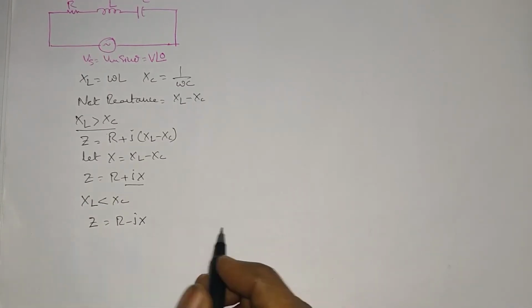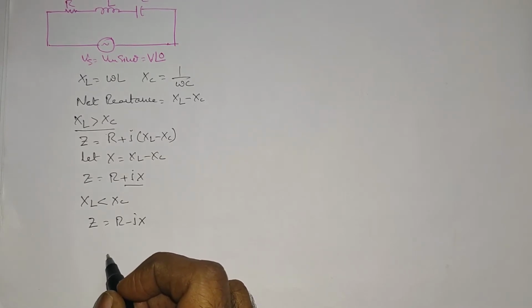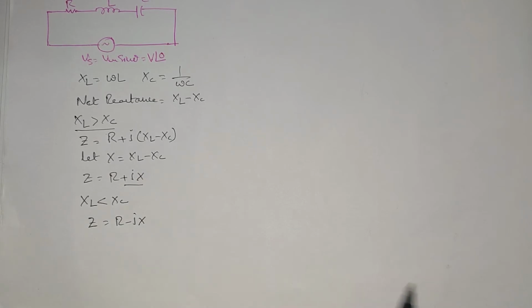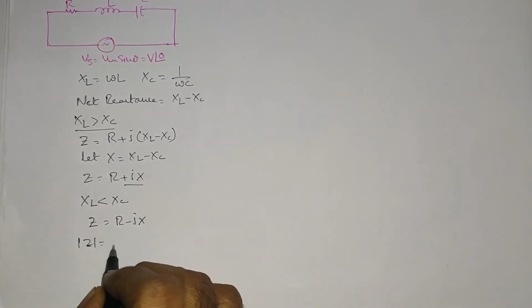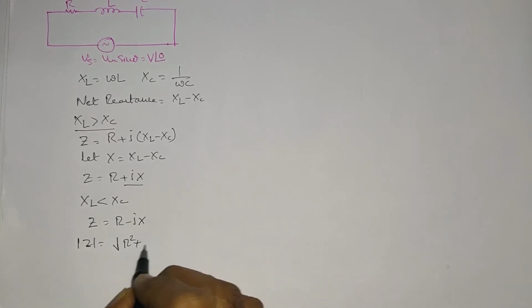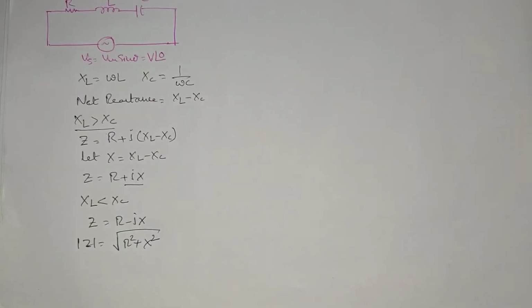And from here we can find out the current and the equation of power and everything, same as what we have considered in the series RL circuit and RC circuit. So here the magnitude of impedance is given similarly as square root of R square plus X square, where X is equal to XL minus XC.